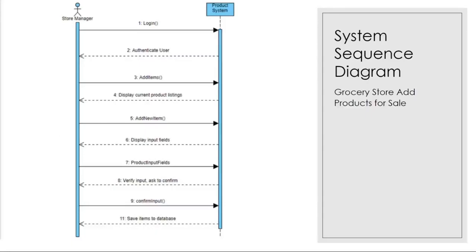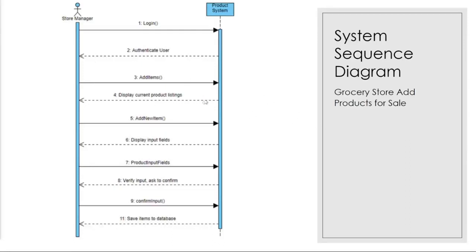This is the system sequence diagram. So again, the store manager will log in, the system will validate credentials and authenticate the user. And then the manager will select add items to product listings, and the system will reply with an input form.